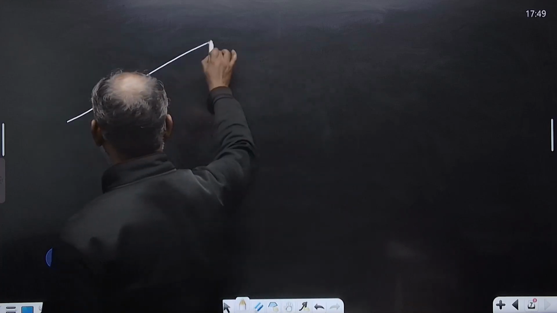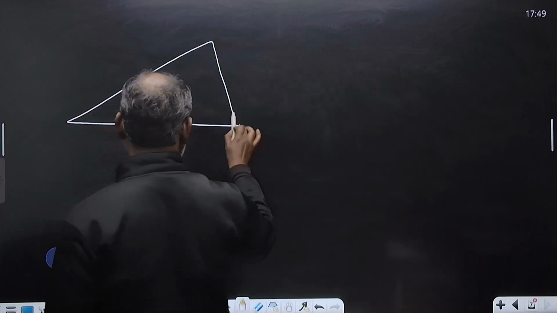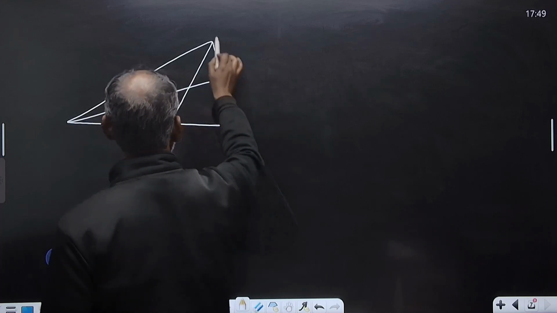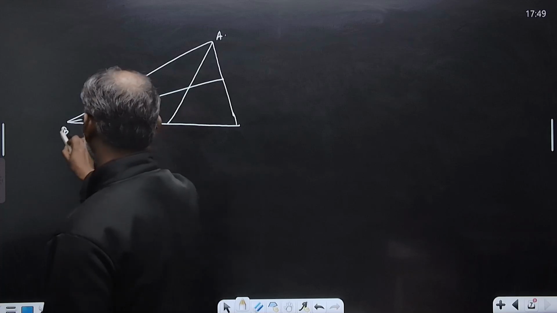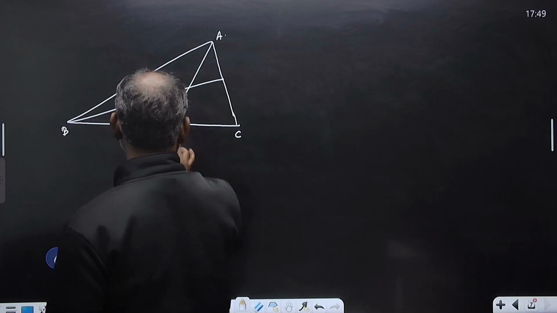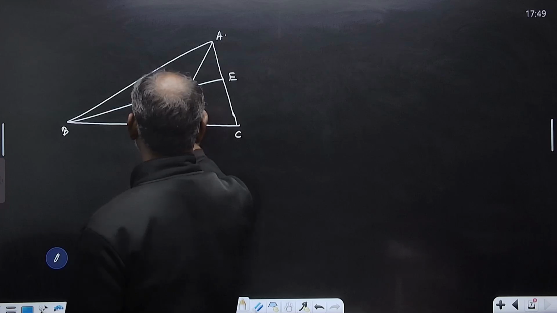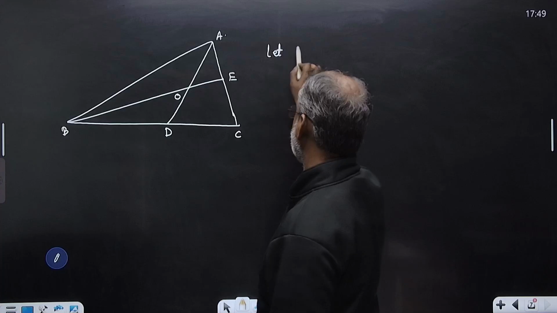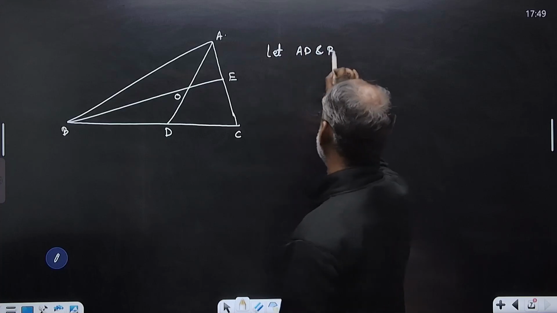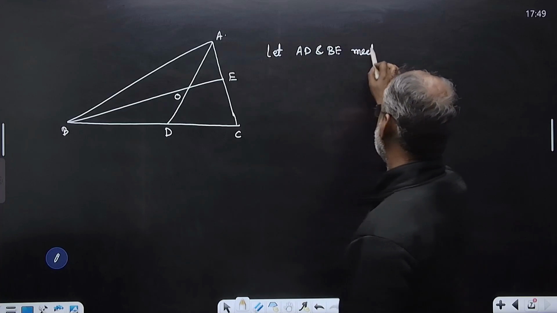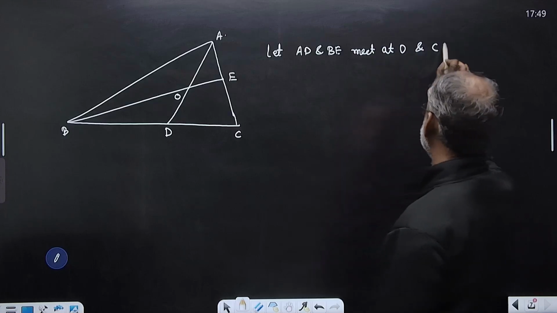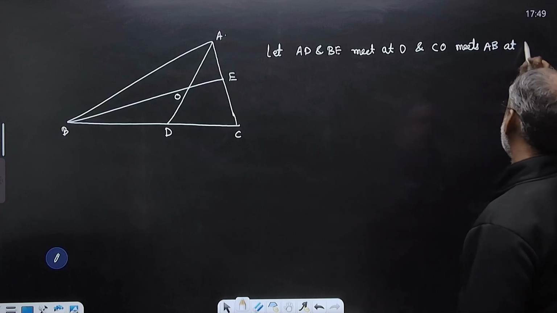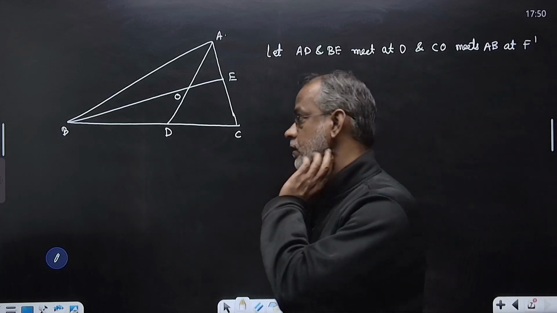The converse part: we say, let AD and BE meet at O. Okay, let me write it down formally. Let AD and BE meet at O and CO meet AB at F dash.